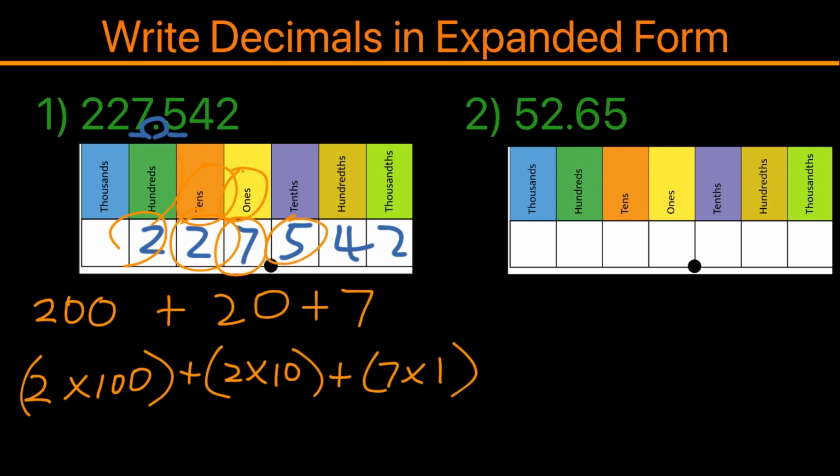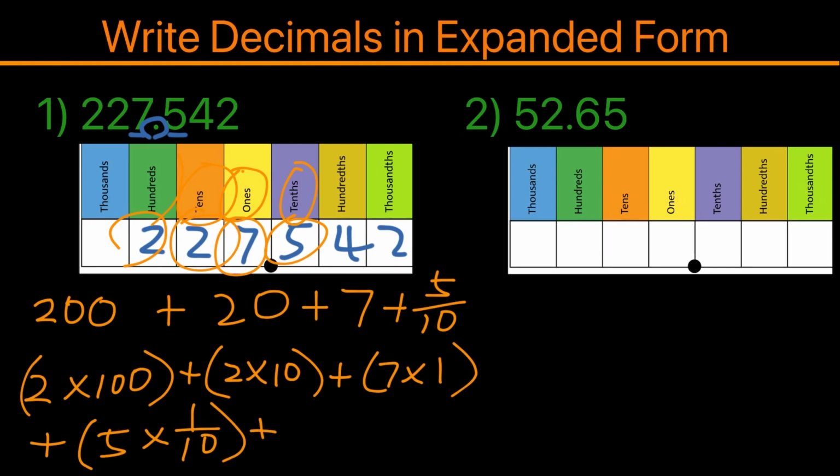Now for the tenths value, we have 5. So that's 5 tenths. And we can write it like this, 5 times 1/10. Then we have the hundredth position, so that's 4 times 100th, which is 4 hundredths.